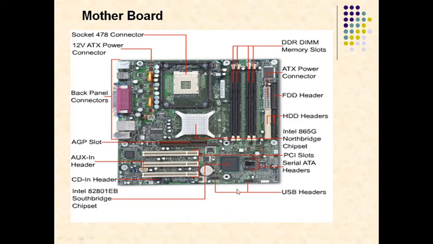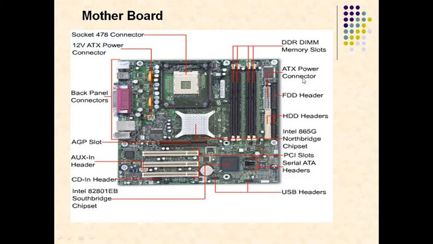Then you have USB headers. These both are USB headers here. Then you have serial ATA headers, PCI slots. These are PCI slots, three PCI slots you can see here. Then you have the Intel 865G Northbridge chipset. Then hard disk drive headers. Then the floppy disk drive headers, the FDD headers.